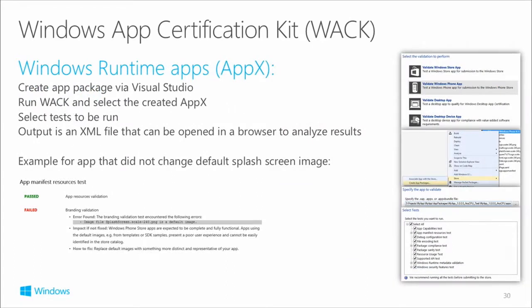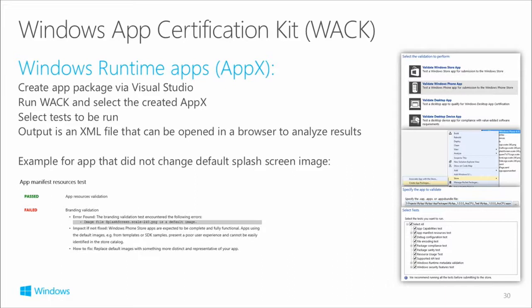For Windows Runtime apps, when you create the app package, you get the option to run the WACK test at the end of creating the app package. You can actually run the certification kit manually as well, and again I'll show you. There's lots of different validation that you can perform. You select the appropriate option and it will run through loads of different tests.